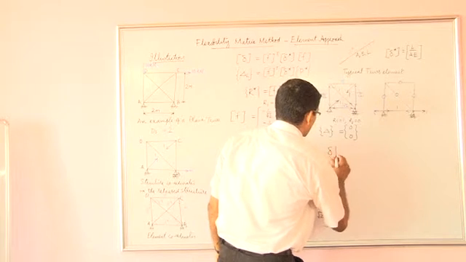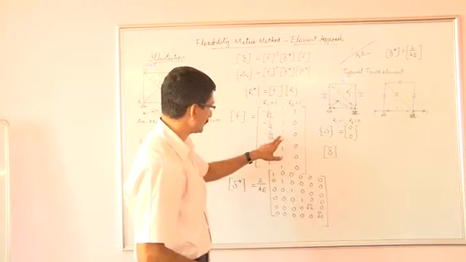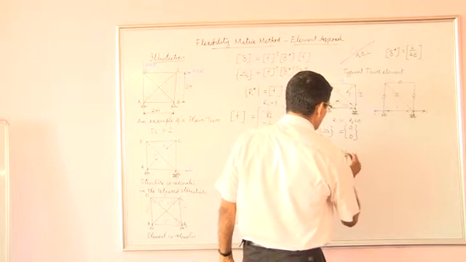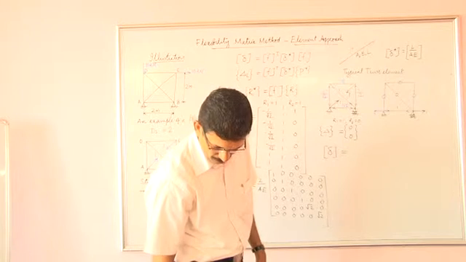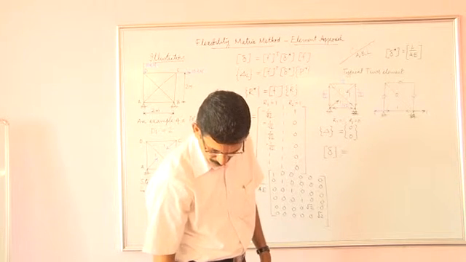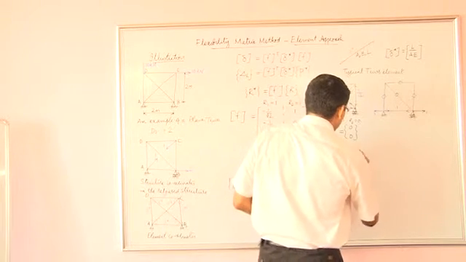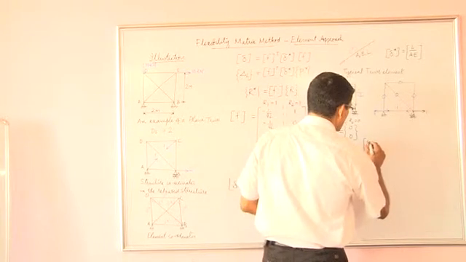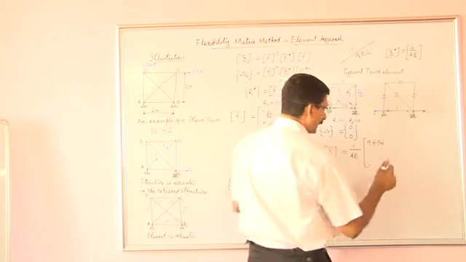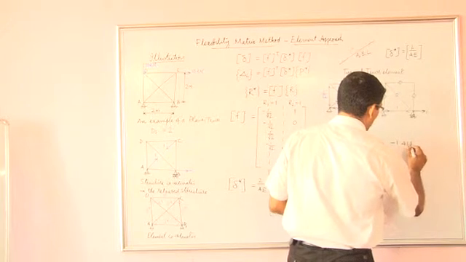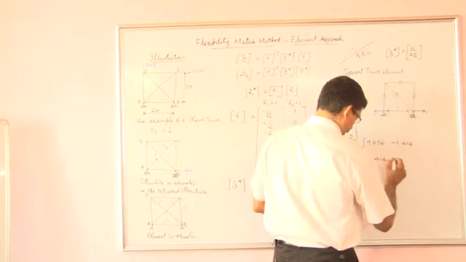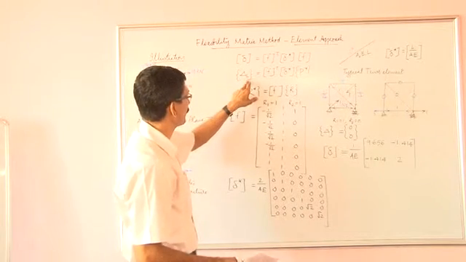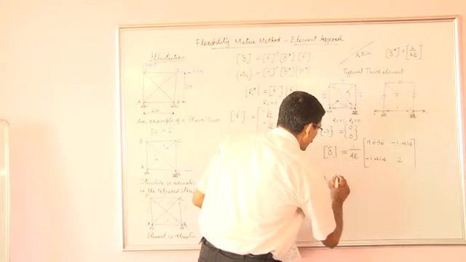So delta, if you transpose this matrix, multiply with this matrix and further multiply with this matrix, F matrix, we are going to get delta is equal to one by AE (9.656, minus 1.414, minus 1.414 and 2).